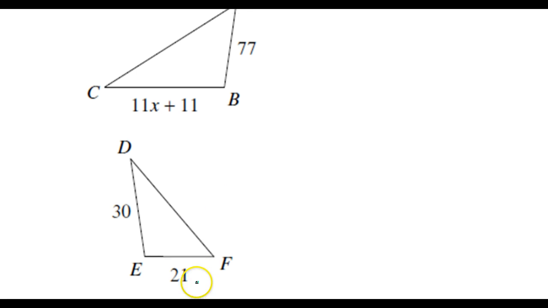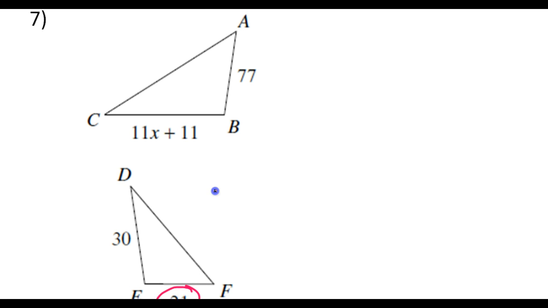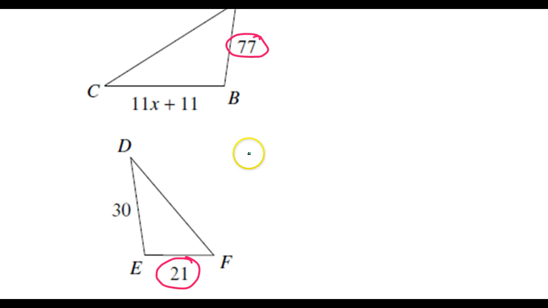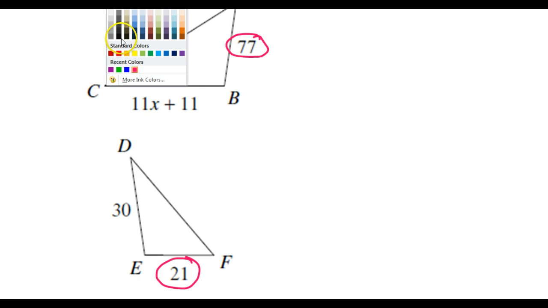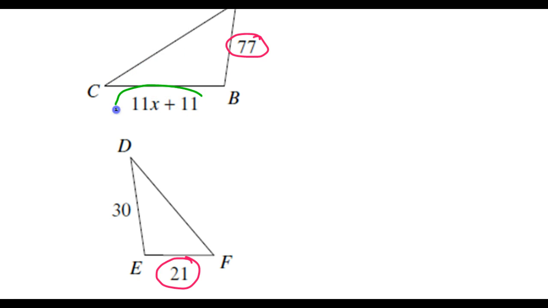So 21 is clearly the smaller side here, so I'm just going to have to go by the scale, and to me it looks like this is the shorter side between these two. So I'm going to call these corresponding sides. That makes these corresponding sides as well.